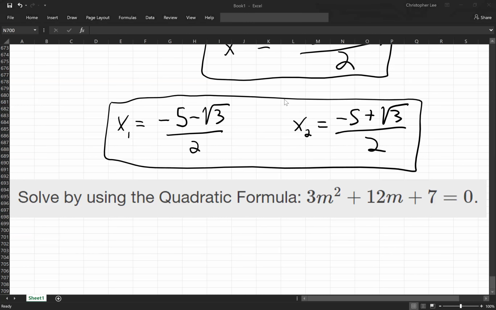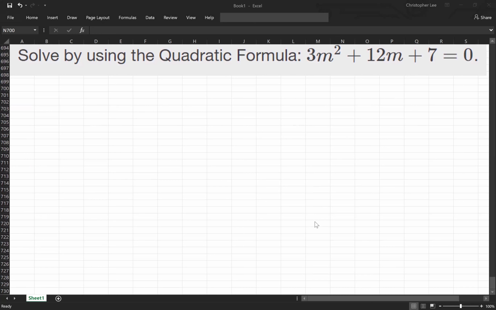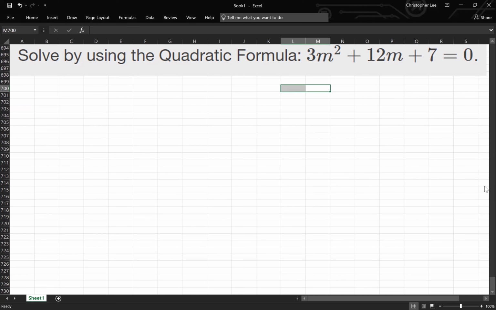All right, let's take a look. So I have 3m squared plus 12m plus 7 is equal to 0. This is really good because it's already in standard form. Standard form, once again, is ax squared plus bx plus c is equal to 0. I have to identify what is a, what is b, and what is c.